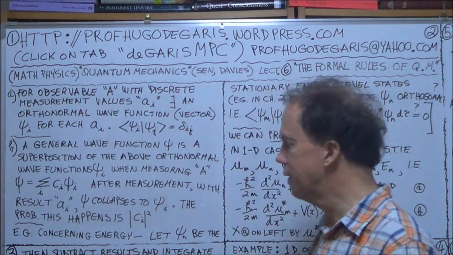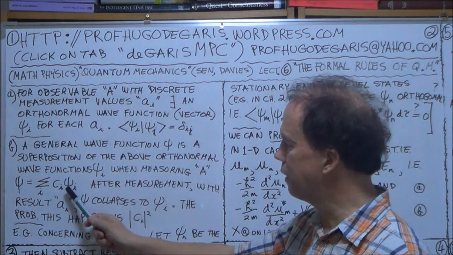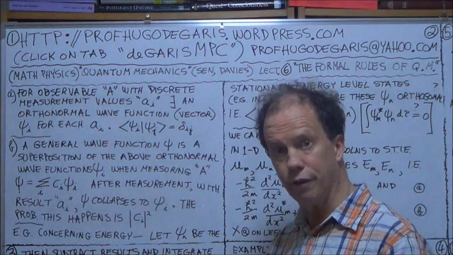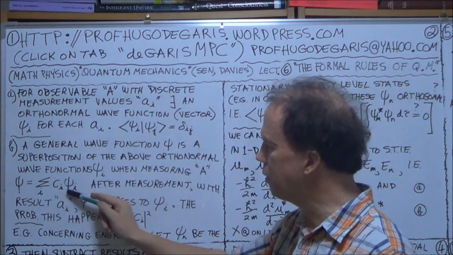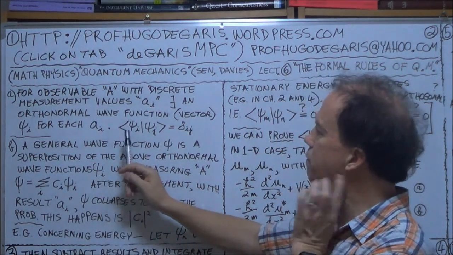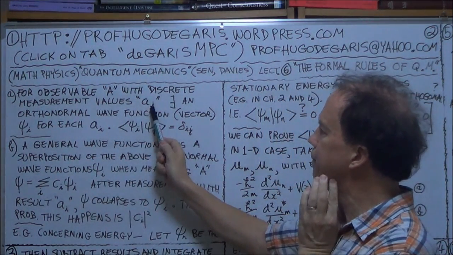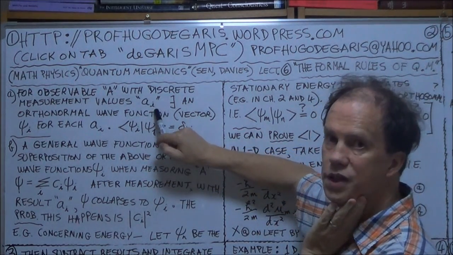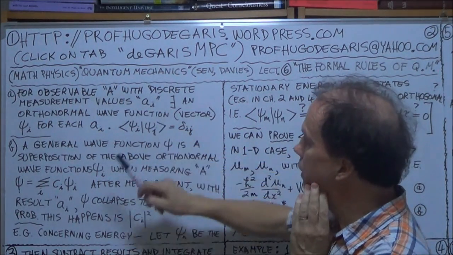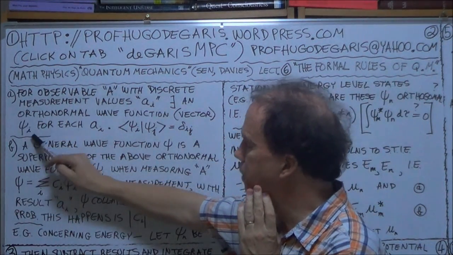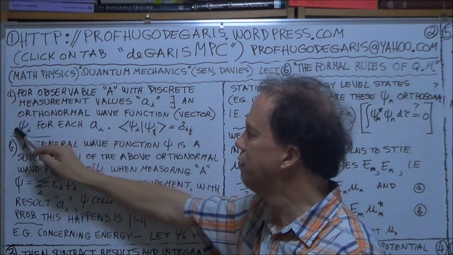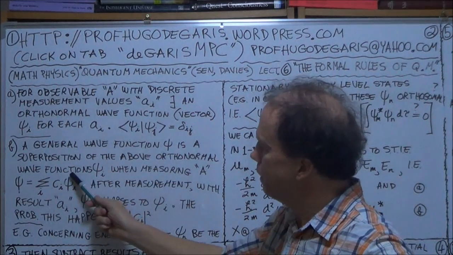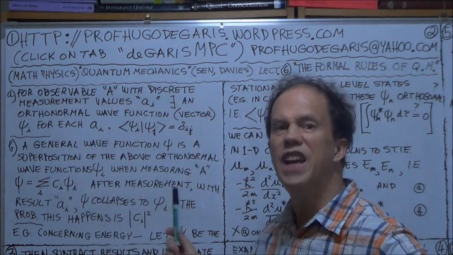So, in a sense, these wave functions here become the set of all possible wave functions you can have. So if you have big N possible measured values here, where this i ranges from 1 to big N, then you'll have big N different wave functions here. So your basis will be these vectors, and N of them.